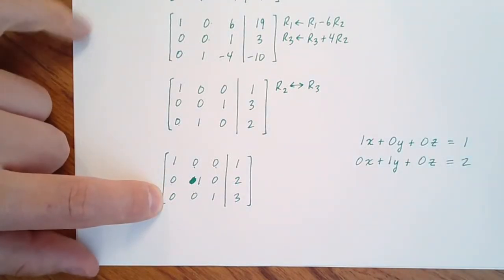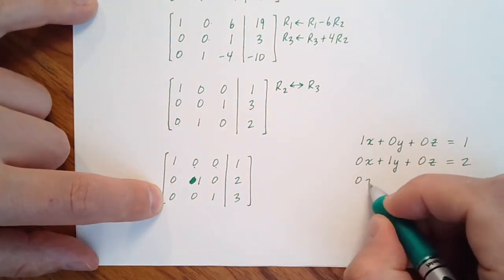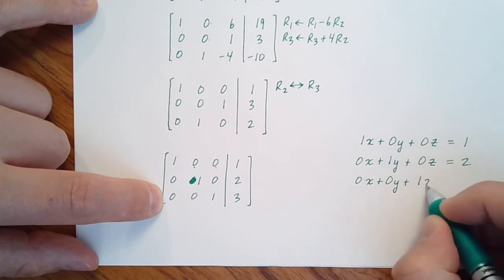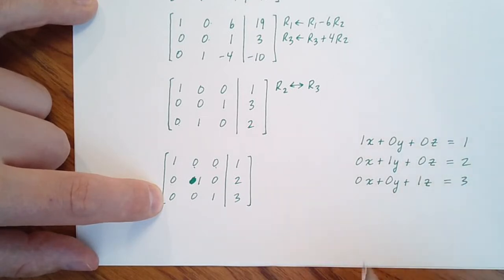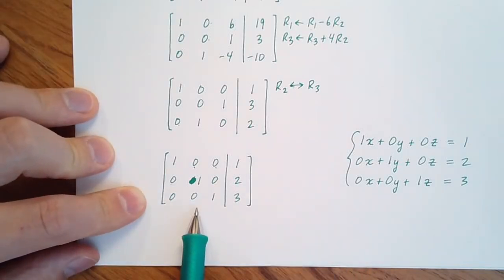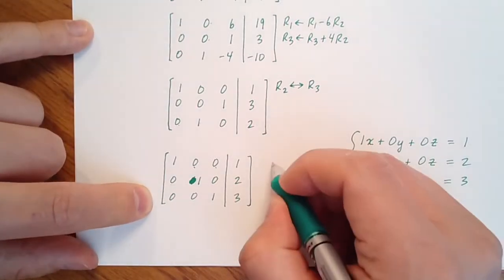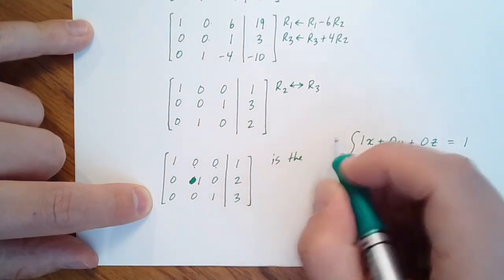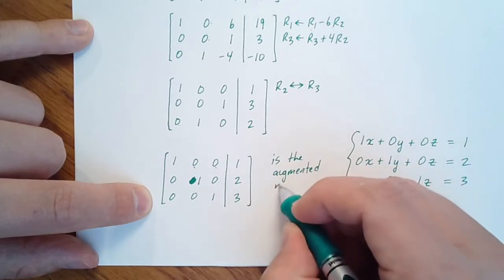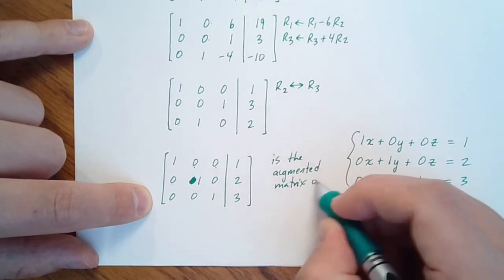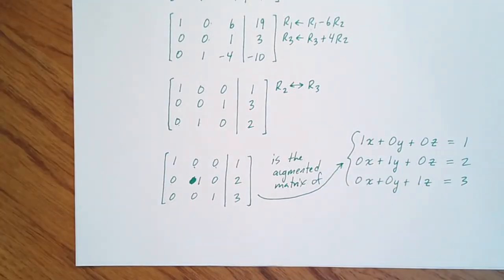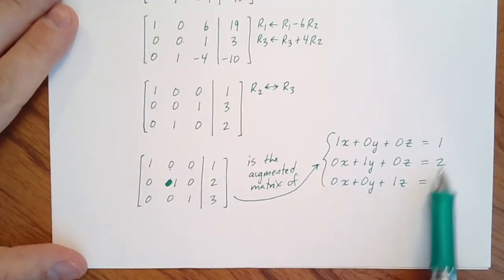And then for the third row, I'm going to have 0 times x plus 0 times y plus 1 times z is equal to 3. This is the system of equations that corresponds to this augmented matrix. So let me write that down. This is the augmented matrix of this system.